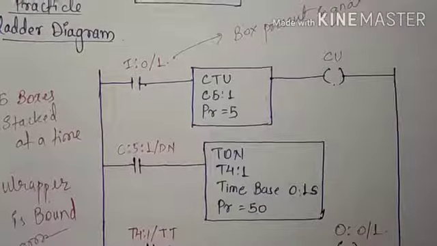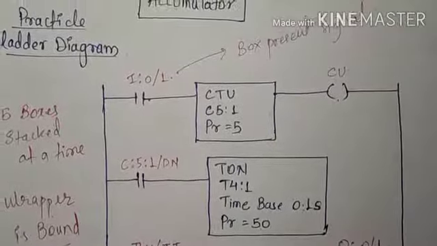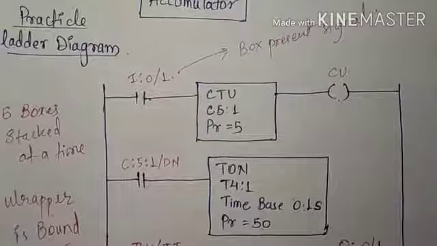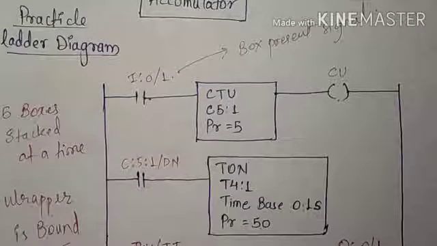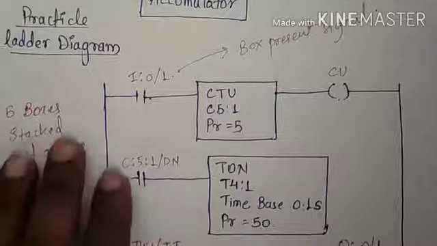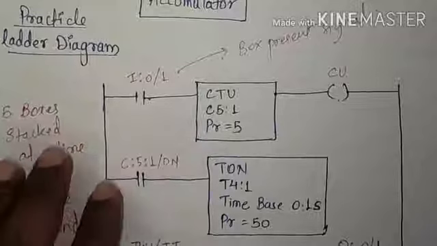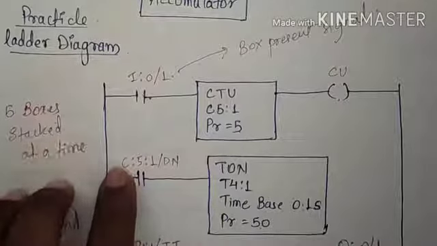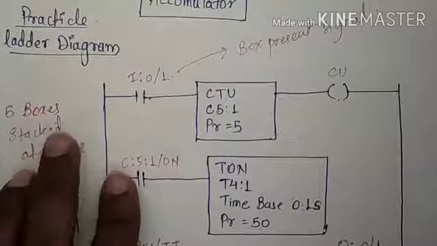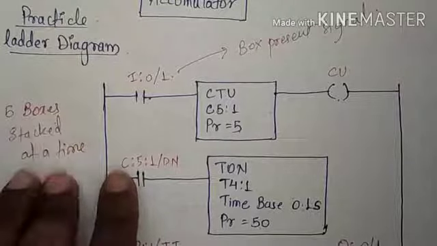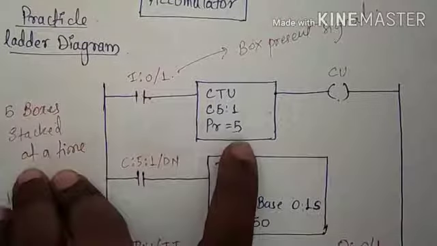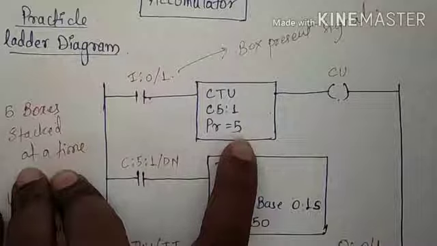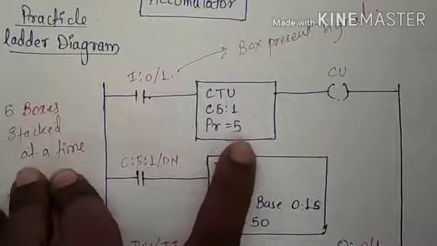Our experiment was to use the reset instruction during CTU and CTD. When counting the boxes, like if I am counting 5 boxes, there will be a sensor which counts the 5 boxes. The preset value is 5, and then the counter up will count the 5 values.